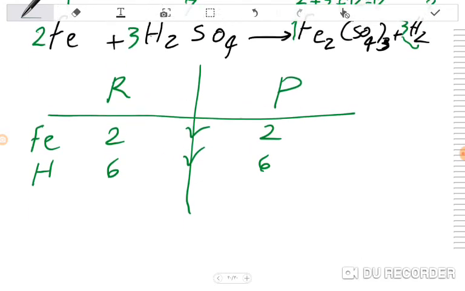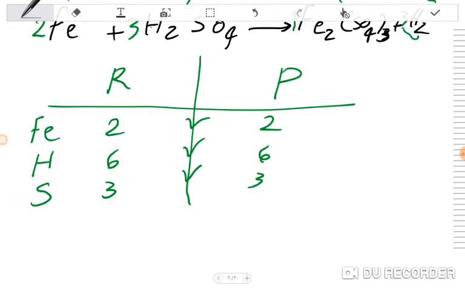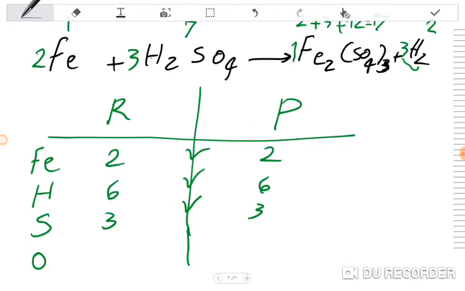For sulfur, we have 3 atoms of sulfur on the left side and 3 atoms of sulfur on the right side, balanced. And for oxygen, on the left side we have 3 times 4 is 12 atoms of oxygen.